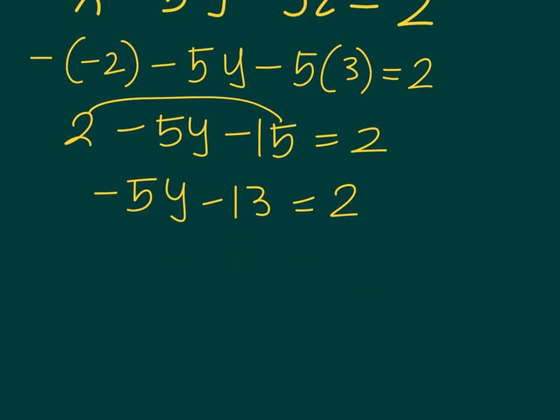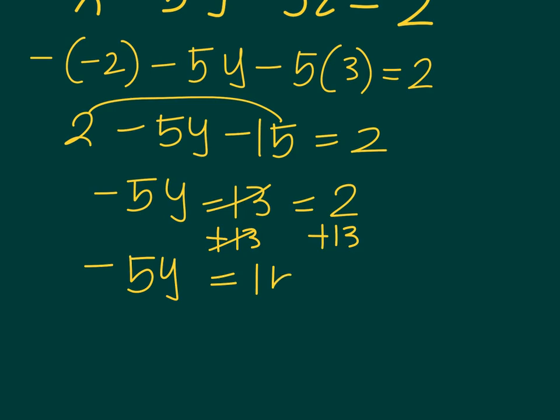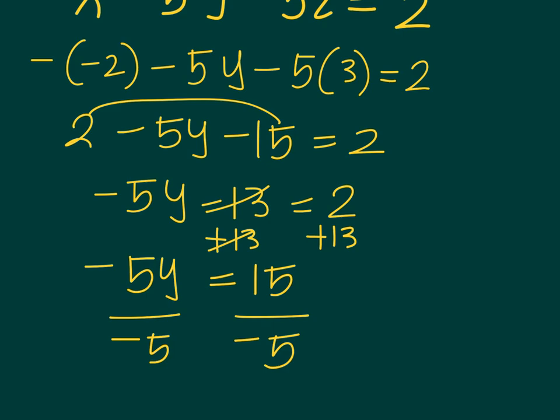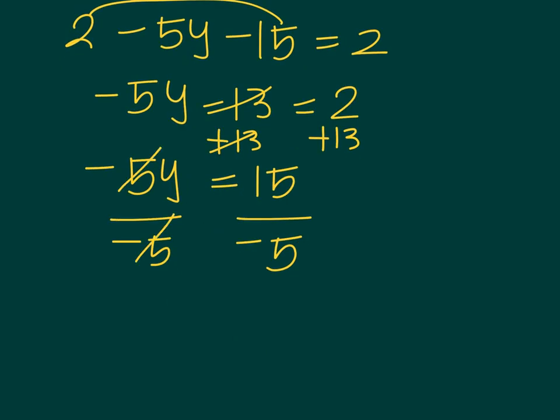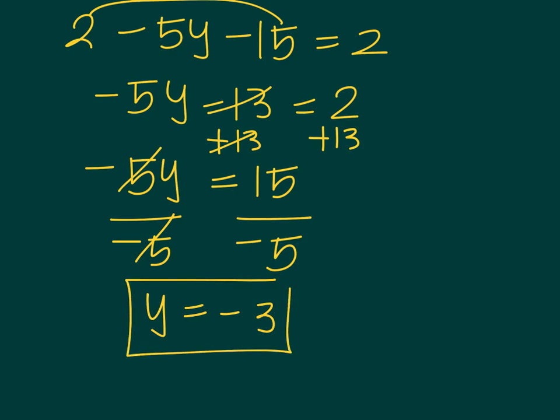And then minus 5y, if you add 13 on both sides, then you have 0, but the other side becomes 15. And finally, if you divide by negative 5, you get y equals negative 3. So the value of y is equal to negative 3.